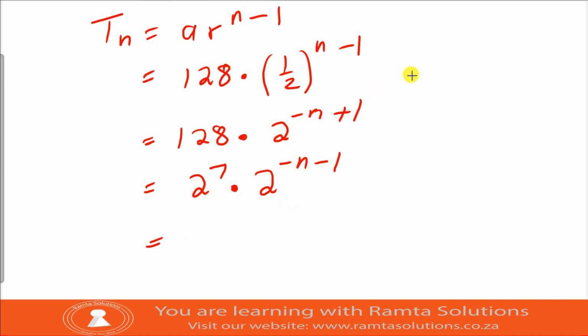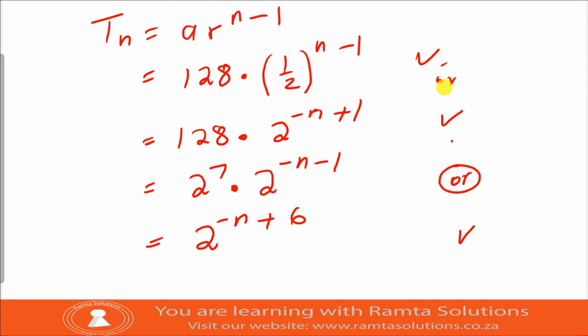So, remember, you can leave it here or here, or when bases are the same, you add exponents: 2 to the minus n plus 8, or here. It's up to you where you leave it. This is fine, this is also fine. So this is how we look at general terms of a geometric sequence.